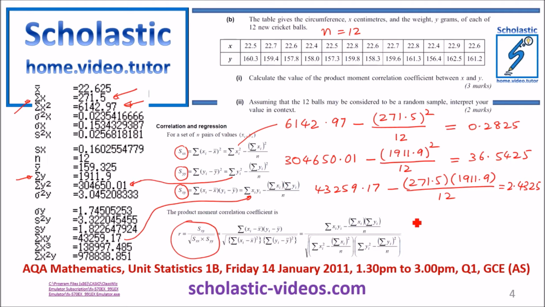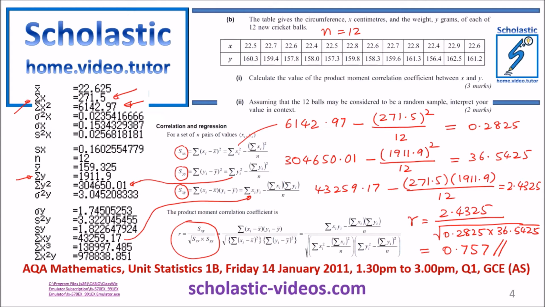Therefore R is equal to SXY, which is 2.4325, divided by the square root of 0.2825 times 36.5425, which after simplification, you can use the normal calculation mode to get 0.757 as the answer.